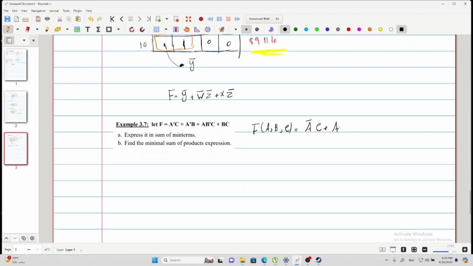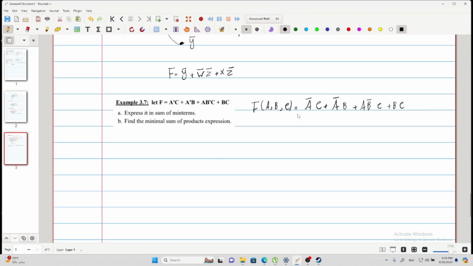Then we have A prime C, then A prime B, then or A B prime, no, it's B prime here, I'm sorry, and then B C. Okay, so this is the function we have.